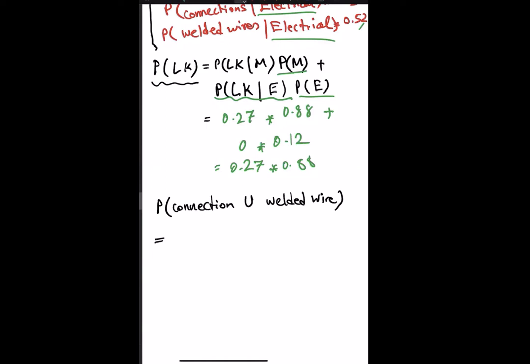First, let's just write this simply based on the formula. This is the addition rule, right? How do you write this? This is probability of A union B. How do you write that?